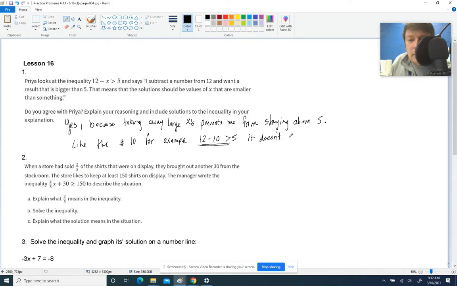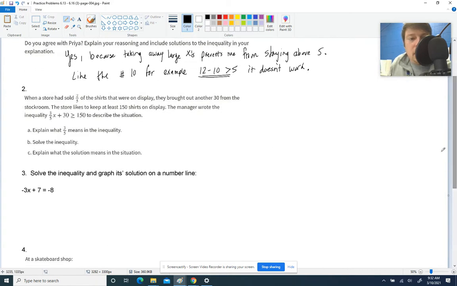So we want to keep our numbers small. We want to keep them like 2, 3, and actually 0 and negative numbers, because if you take away negative numbers, it's actually going to make 12 bigger, because subtracting a negative increases its value. So that's why what Priya says makes sense. Makes perfect sense.